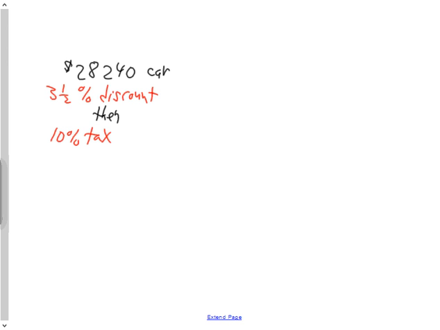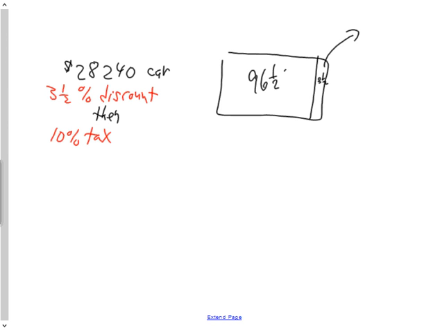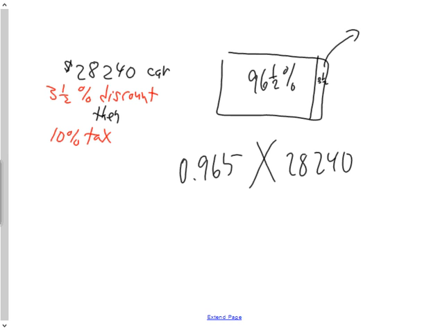And your last question, same type of idea, just a little bit different numbers. You have a $28,240 car, which I will temporarily represent by this box. If you are taking a 3.5% discount, that means that's going to be removed, which means you are going to pay for 96.5% of the cost of the car. 96.5% is that decimal. 96.5% of the $28,240 car would be that math.